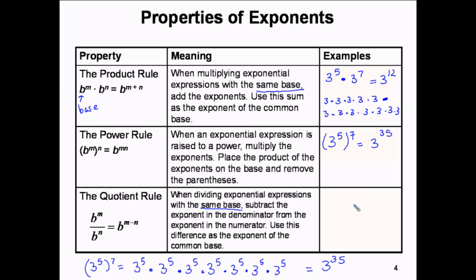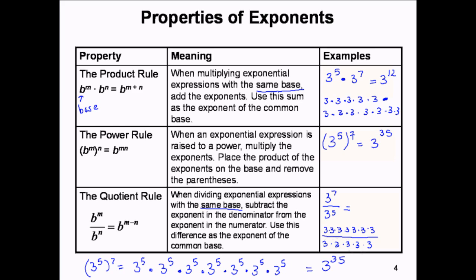M minus n, and I'm going to flip those over. I have 1, 2, 3, 4. Well, I'm not going to fit that there. Hold on. 1, 2, 3, 4, 5, 6, 7. 1, 2, 3, 4, 5.